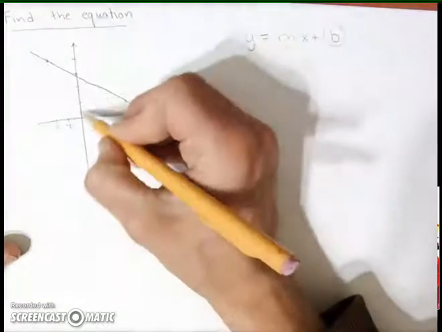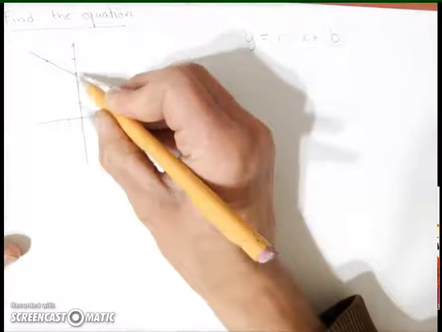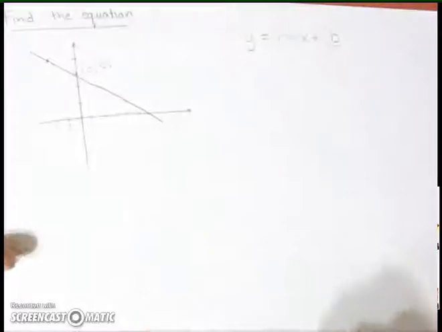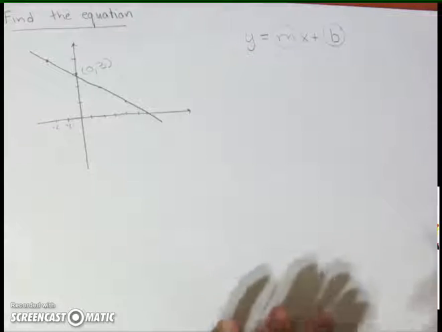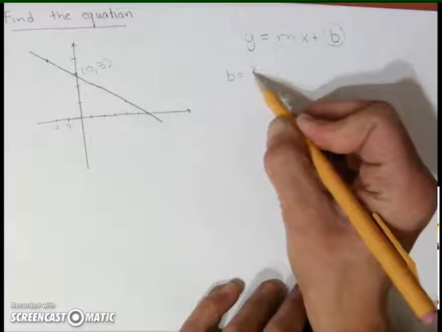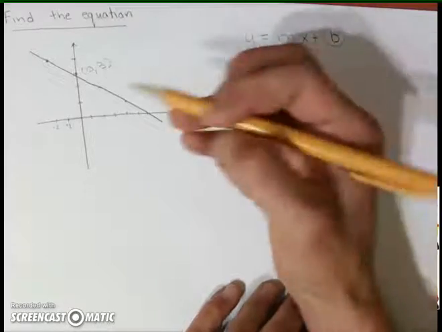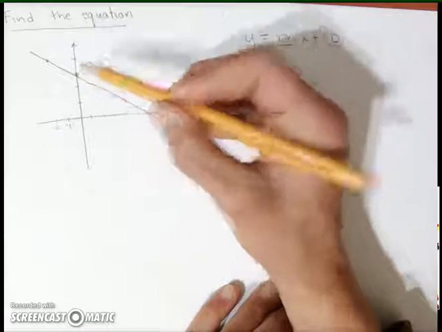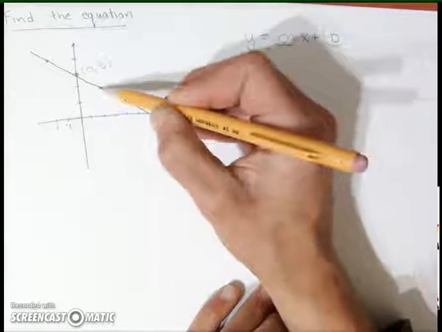The y-intercept here is 0, 3. And b is the y-coordinate of the y-intercept. So b equals 3.